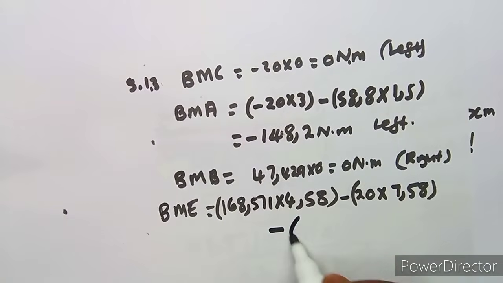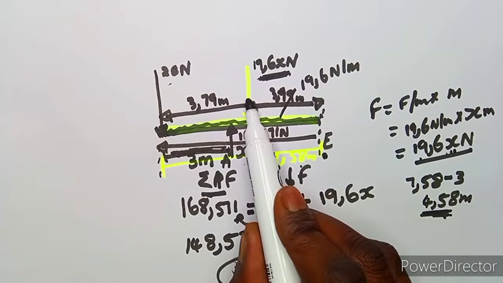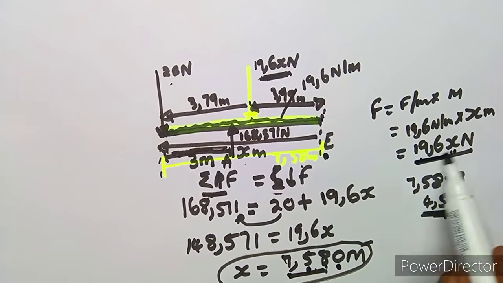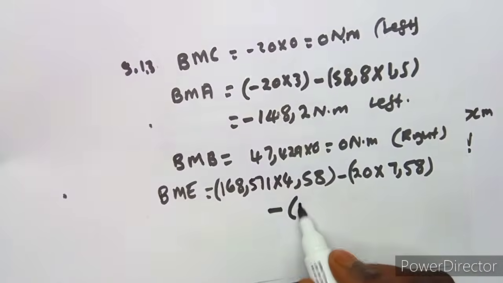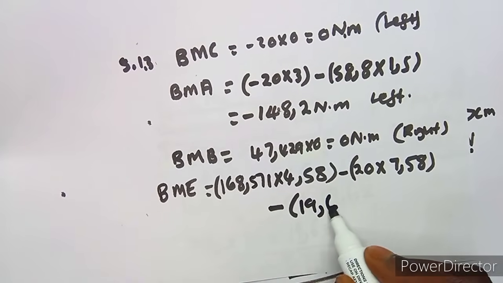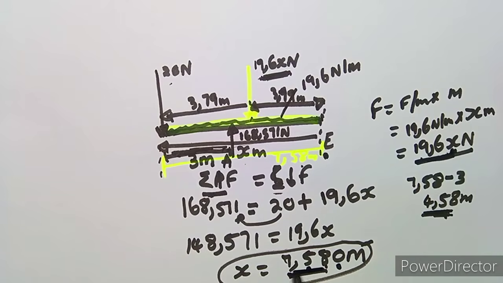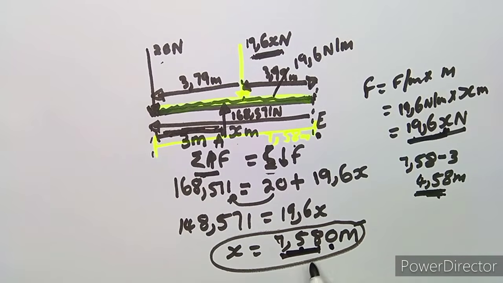So this is what is going to happen. Remember it's force times distance, so it's 19,6x, which is 19,6 times x, which is the one that we calculated, which is 7,58.